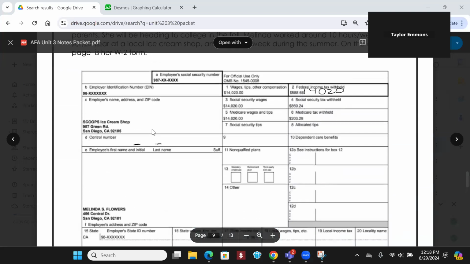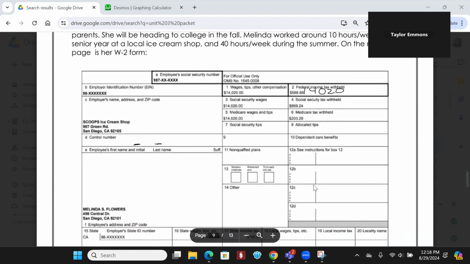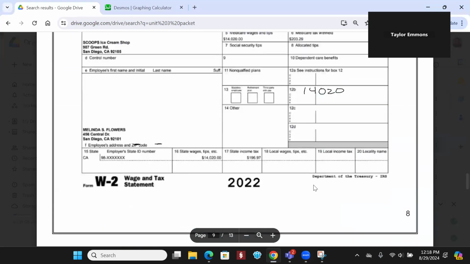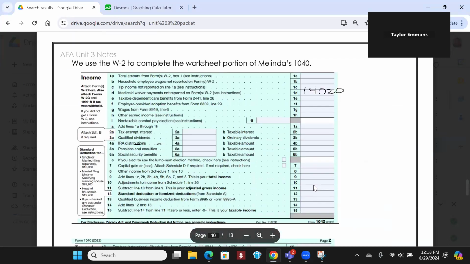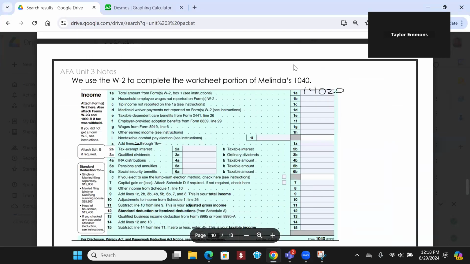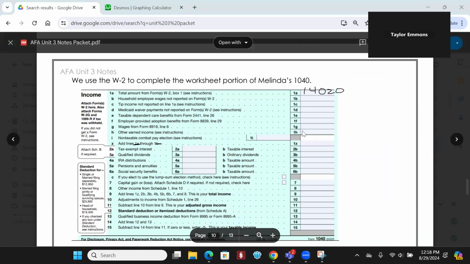Was there anything else that she had? Okay, so we're going to come back down here and add up the totals that are right here. That's just going to give me 14,020. So we added all these up.